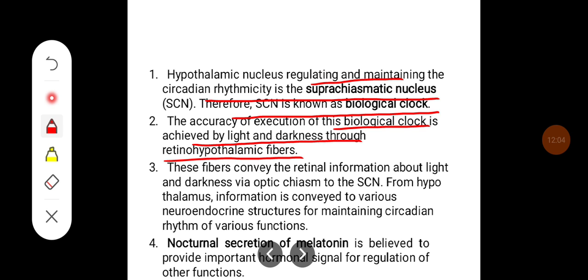These fibers convey retinal information about light and darkness via optic chiasma to the SCN. From hypothalamus, information is conveyed to various neuroendocrine structures for maintaining circadian rhythm of various functions. Nocturnal secretion of melatonin is believed to provide important hormonal signal for the regulation of the other functions.